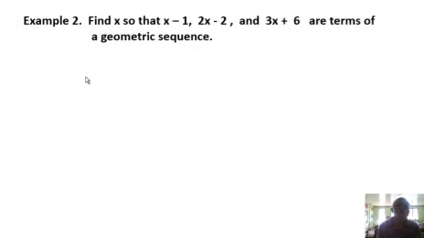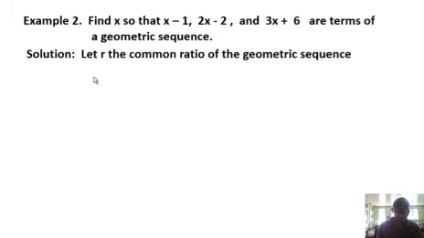Next, find x so that x minus 1, 2x minus 2, and 3x plus 6 are terms of a geometric sequence. Okay, let R be the common ratio of a geometric sequence. So we're going to form ratios out of these terms. So R sub 1 equals R sub 2.